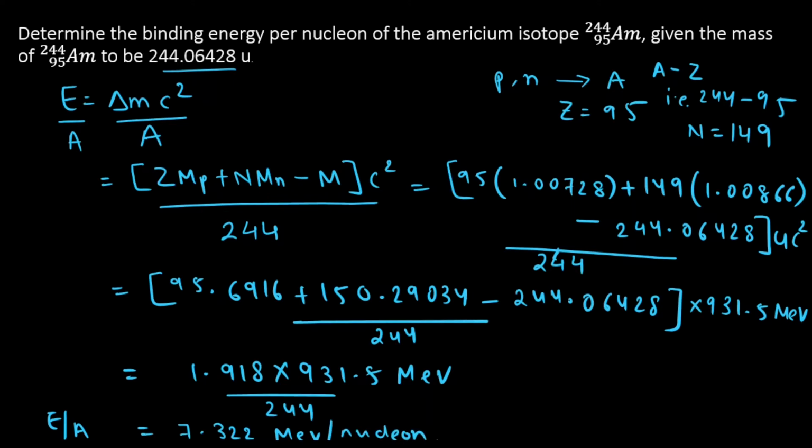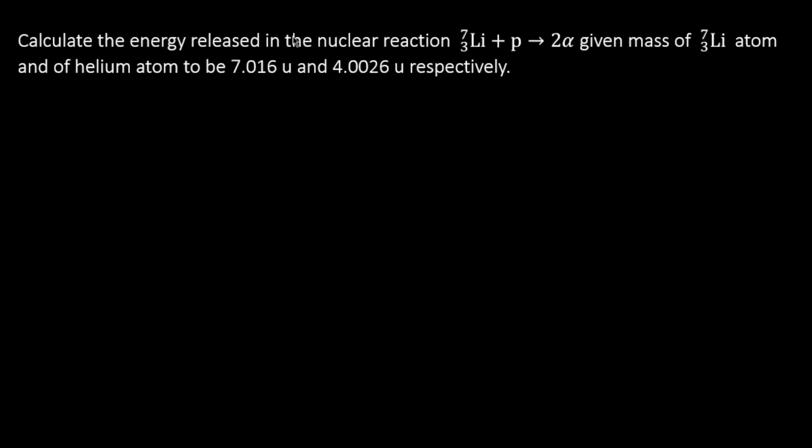Let's look at the next sum. Calculate the energy released in a nuclear reaction given by lithium plus proton gives you 2 alpha particles. Given mass of lithium 3 atom and helium atom to be 7.016 u and 4.0026 u respectively.